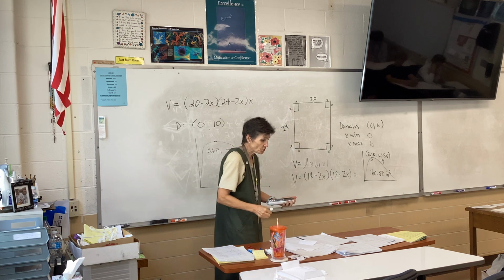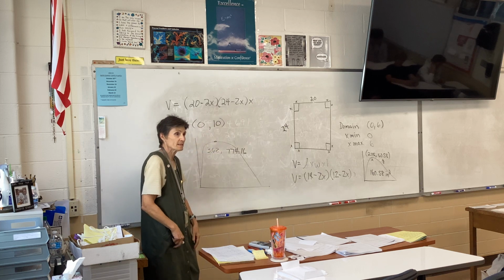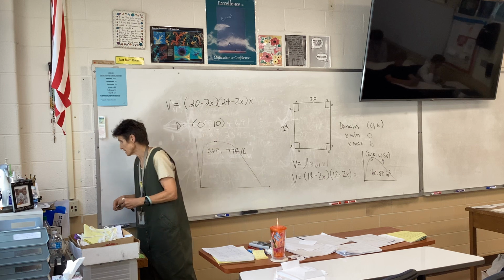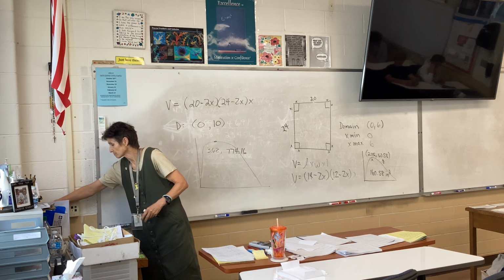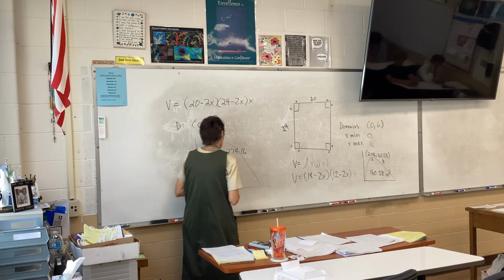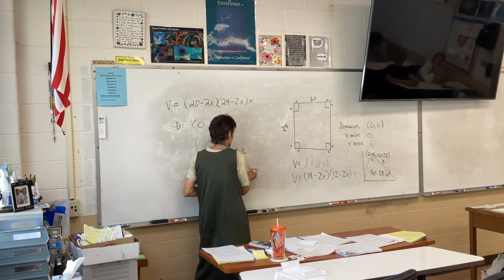So this question is exactly the same. Find the maximum volume of the box. So what are we going to say? The maximum volume of the box is 774.16 cubic inches.